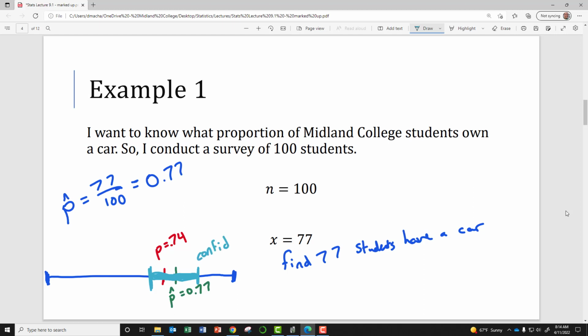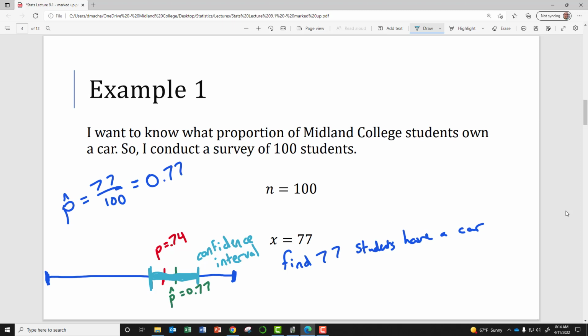And that confidence interval now is going to tell us I have a certain degree of confidence. Maybe I'm 90% confident or 95% confident or 99% confident that the real population proportion falls inside of this confidence interval. That's centered around my best guess. It's centered around my sample proportion.